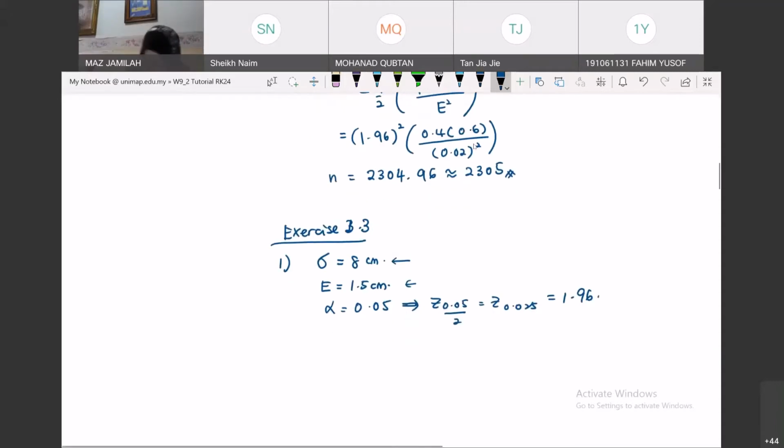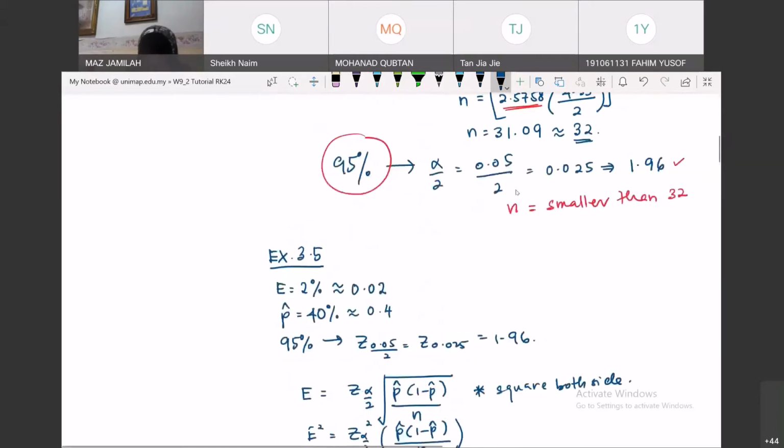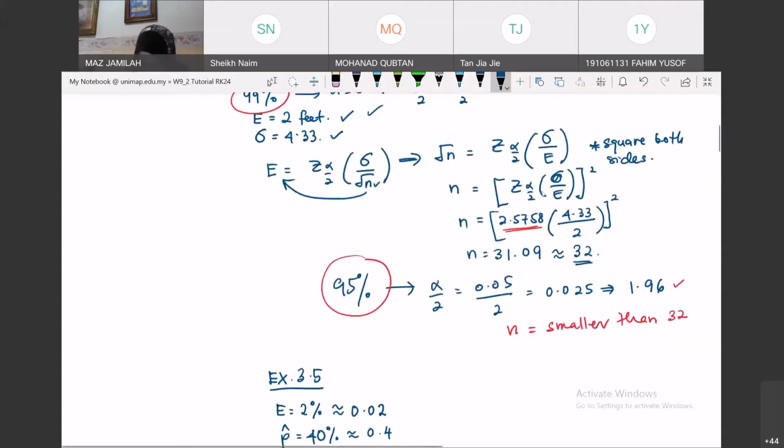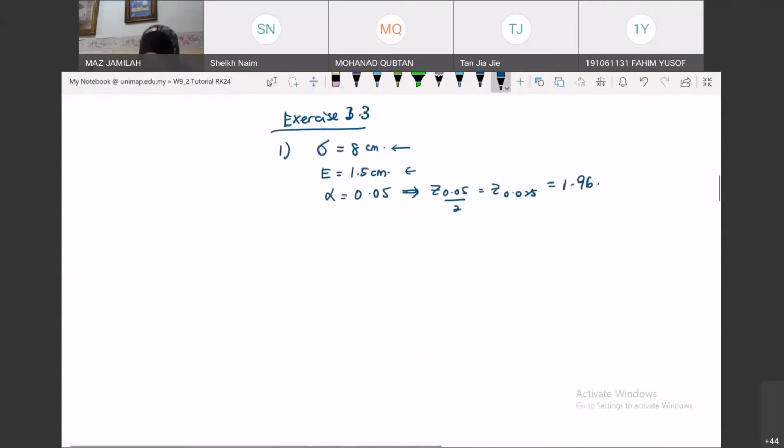Putting everything together, n would be 1.96 squared, multiplied with the sigma, 8, divided by margin of error 1.5, whereby this also needs to be squared.